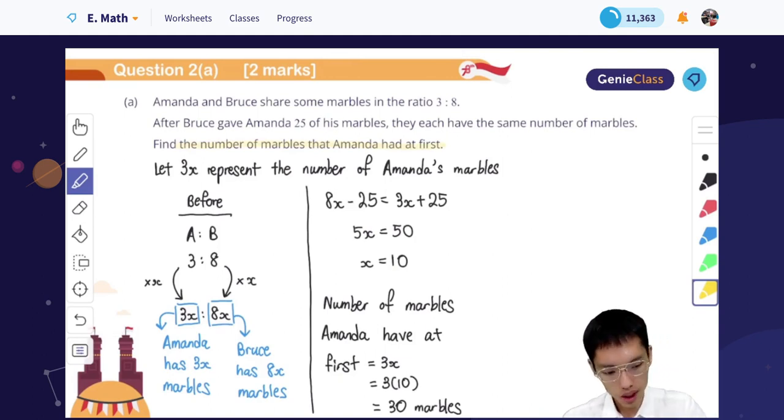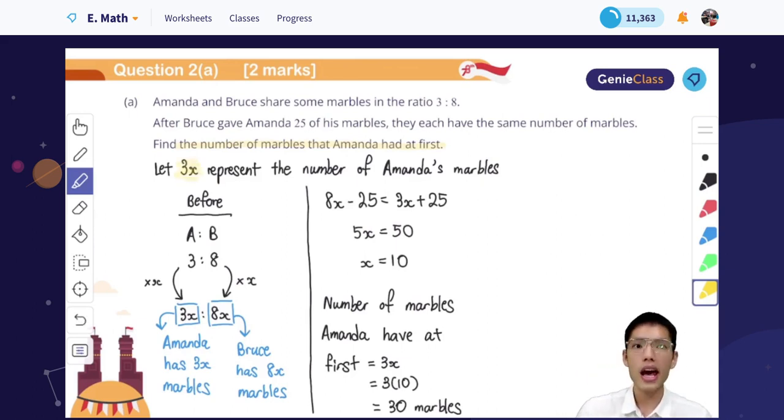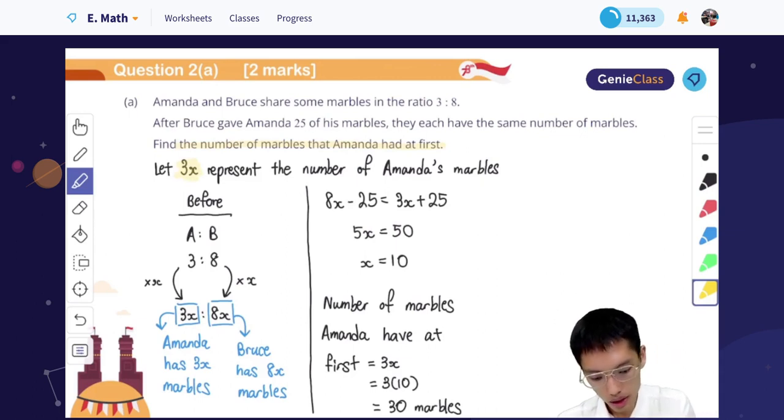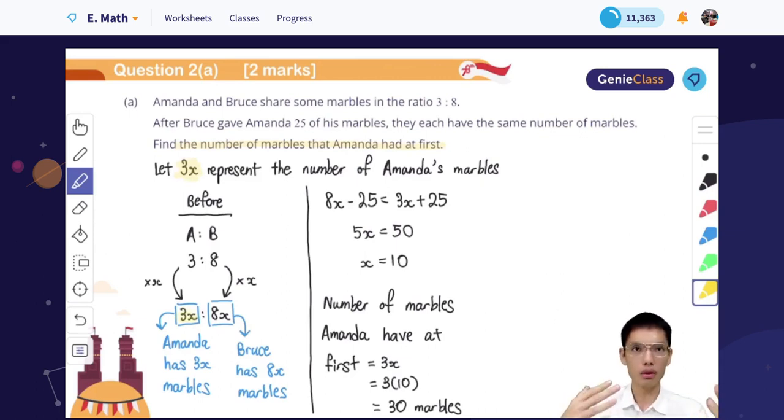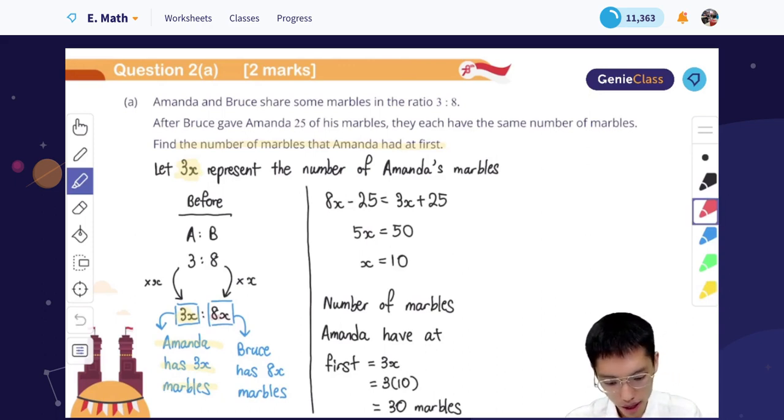I do 3x. Okay. Why 3x? Because 3 is to 8. x is some variable that I can find. And I have a new identity over here, 3x. Okay, I don't know what 3x is, but I do know that this represents the marbles. So that's why I actually write the variable as such. And henceforth, in this case, Bruce will have 8x if I multiply x on both sides.